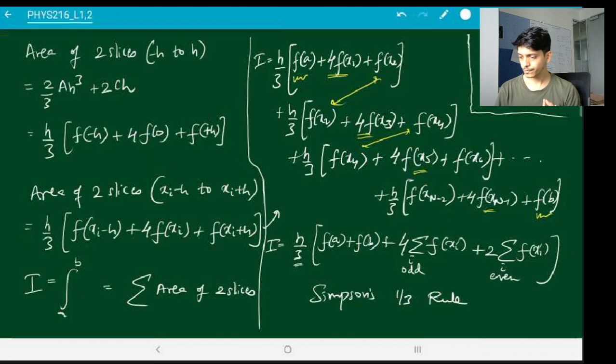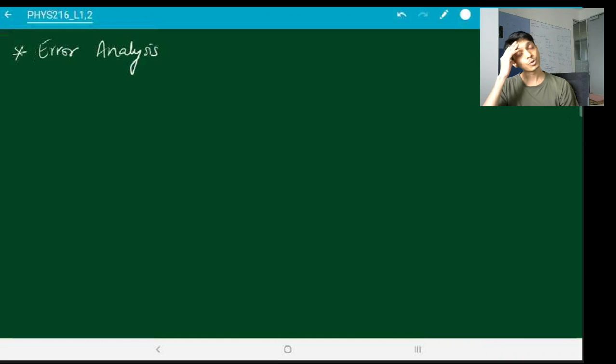So this gives you a slightly more accurate answer compared to the trapezoid method. And let's discuss how we know that. We are going to discuss what is probably one of the most important aspects of any kind of numerical approximation like this, which is the error analysis. In error analysis, we've run some approximate method to calculate this integration, and we want to know how close it is to the actual answer.